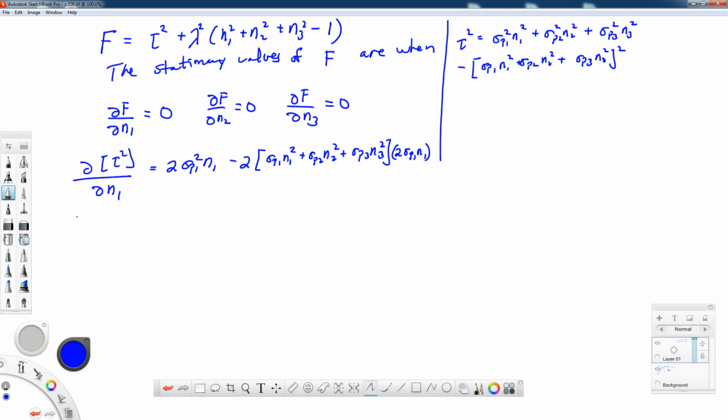Now I need the partial derivative of the term with the lambda in it. So it's lambda squared times n1 squared plus n2 squared plus n3 squared minus 1, with respect to n1.